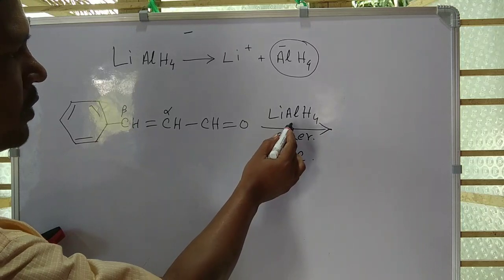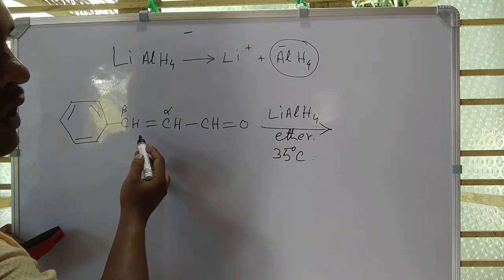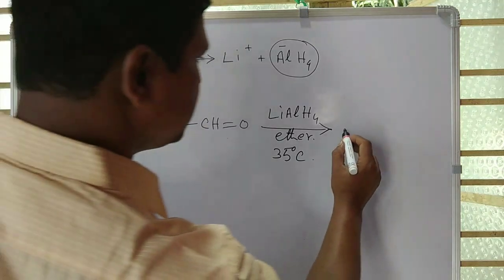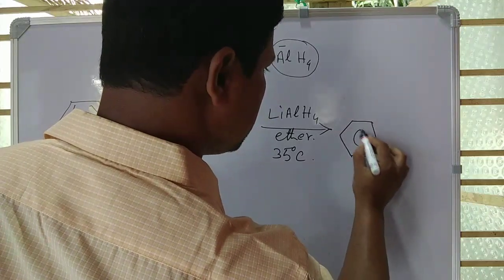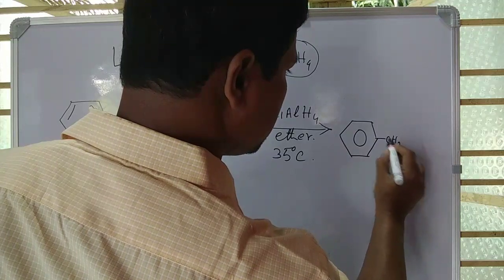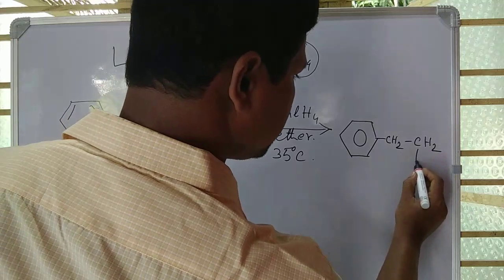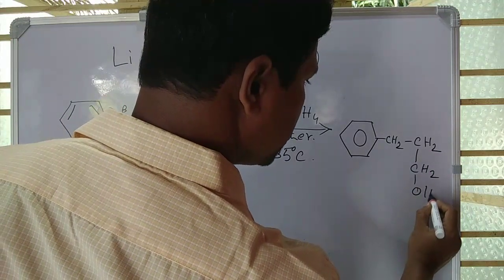That means lithium aluminum hydride will reduce the functional group as well as the alpha beta unsaturated part. So we get the product CH2OH.